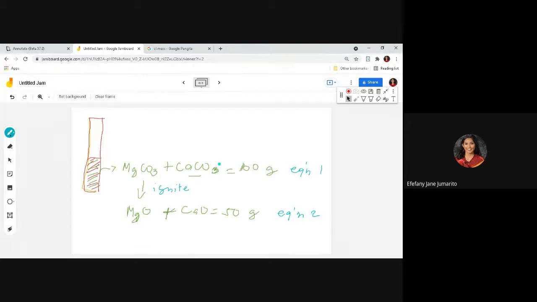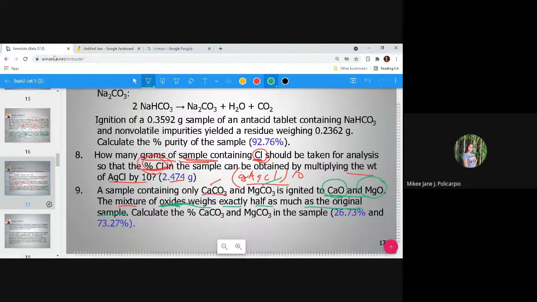Okay, now after that one, if I will ask you what's the weight of your magnesium carbonate or calcium carbonate first, what will be the weight of your calcium carbonate? 50, ma'am.